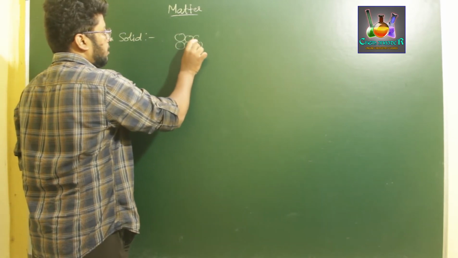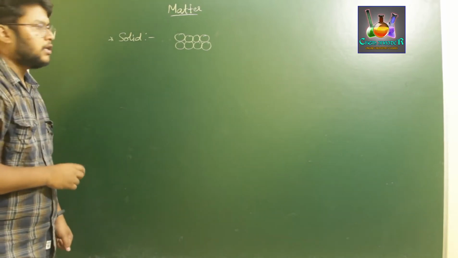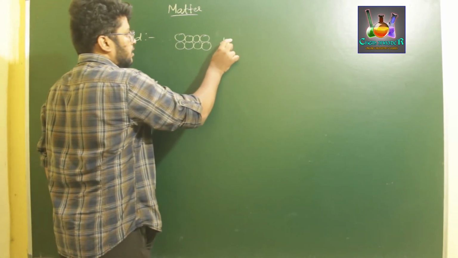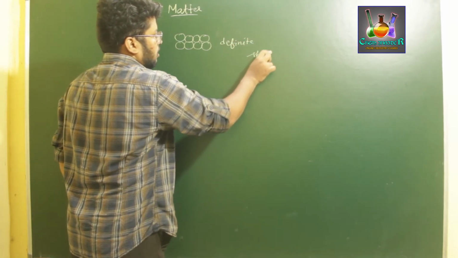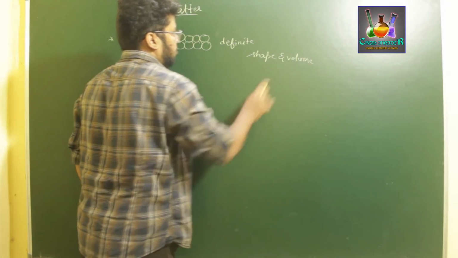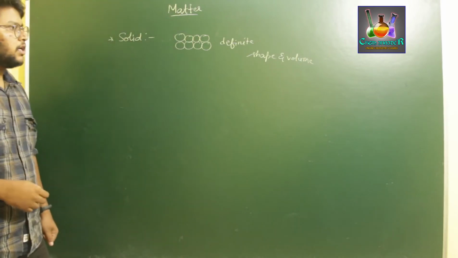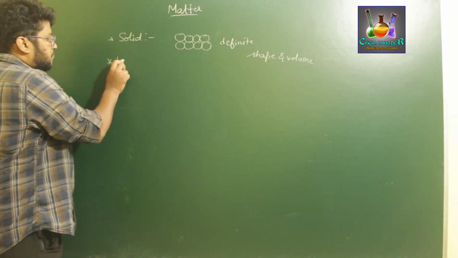This close packing leads them to have a definite shape, geometry and volume. So we all know that solids have particles arranged closely with one another, hence they have a definite shape and volume.